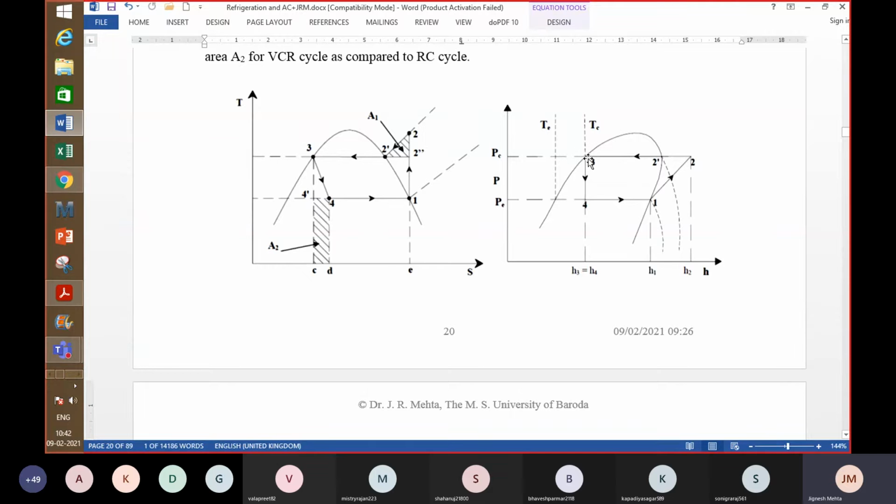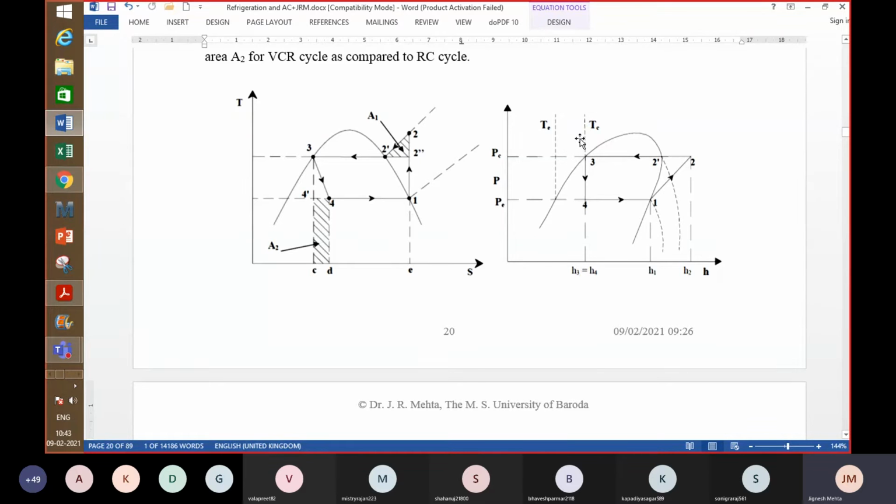And this also shows you the nature of isothermal lines on the pH diagram. So if you draw the constant temperature line here, inside the saturation dome, it will be a horizontal line. But in this portion, that is on the left hand side, on the liquid side, it will be a very steep line.